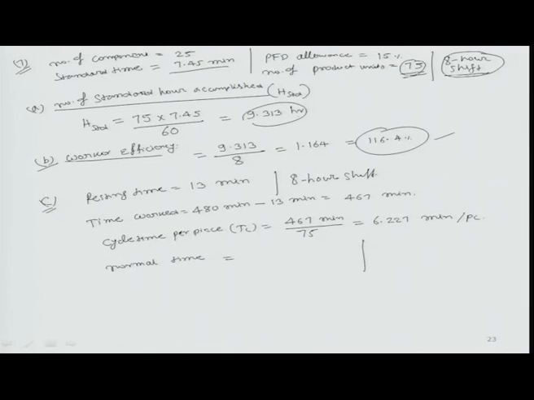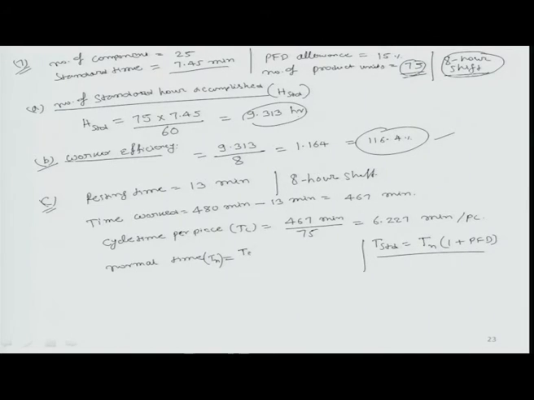We know that T standard is equal to Tn times (1 plus PFD). From this relation we will calculate the normal time.